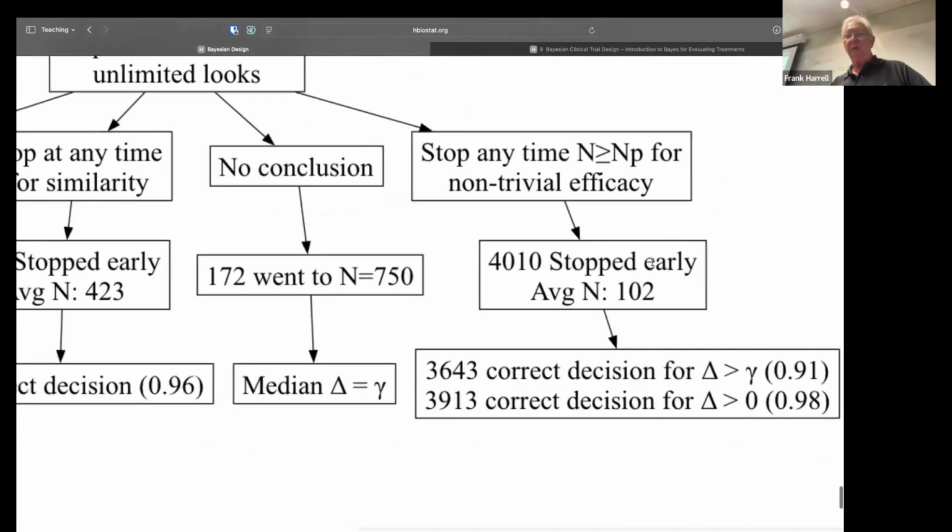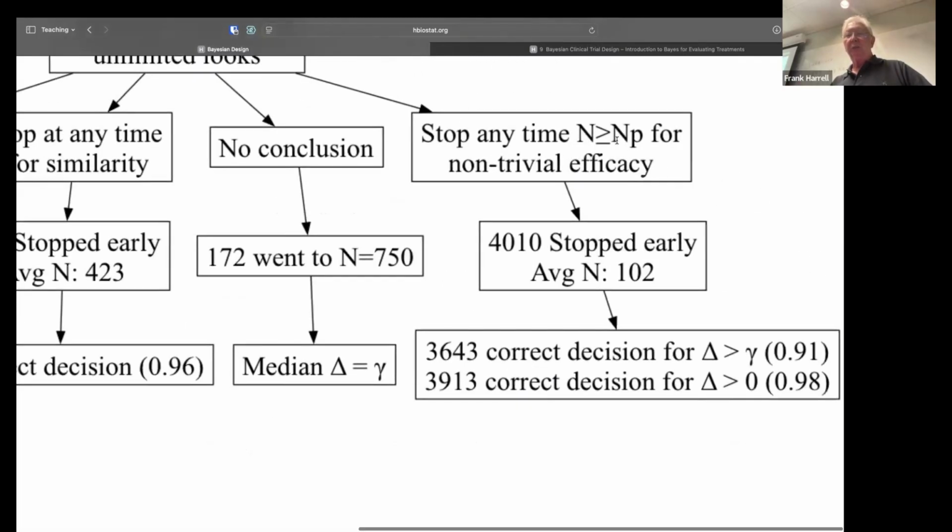And what about what we hope for? Stop at any time you're greater than 60 patients with a conclusion of non-trivial efficacy. So we stopped early 4,010 times. So that means we have a high probability that delta is greater than 0 and 0.85 or greater that delta is greater than gamma. The average time at which we stopped was a sample size of 102.